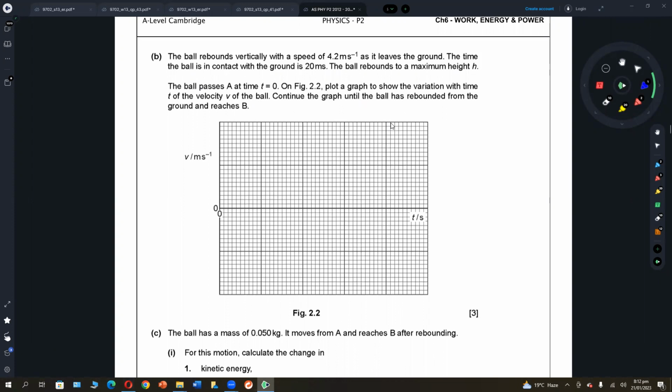The ball passes A at time t equal to 0 on figure 2.2. Plot a graph to show the variation with time of the velocity of the ball. Continue the graph until the ball has rebounded from the ground and reaches B.